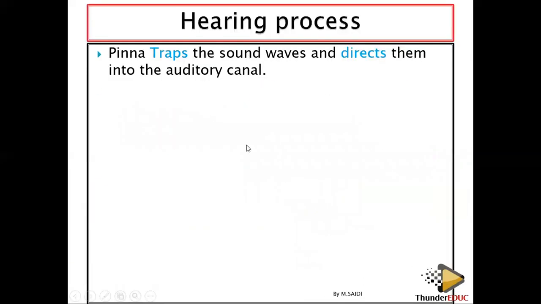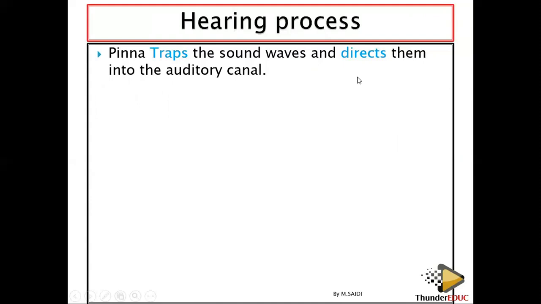Let's look at it. So number one, we see that the pinna traps the sound waves and directs them to the auditory canal. The major key points here are traps and directs.